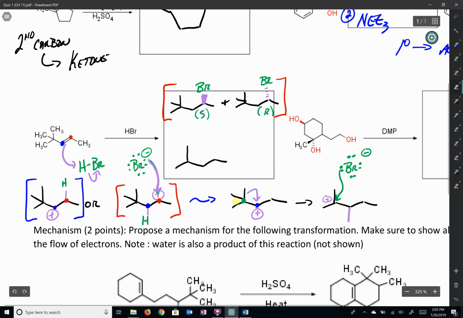Let me just continue with the colors here then. There we go. Okay. And I'll just mark this as the product from the blue line there.